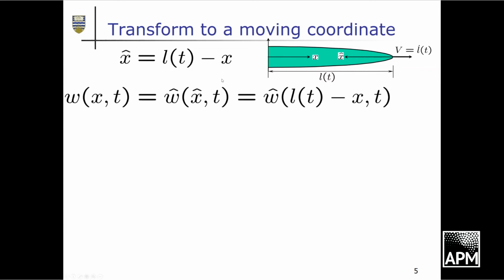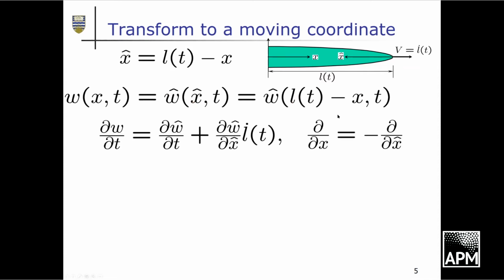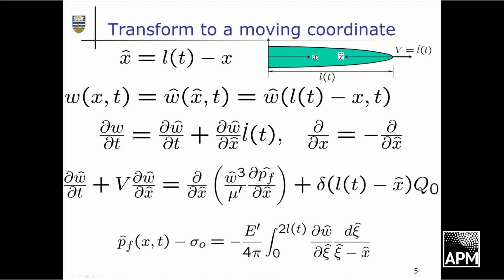And we introduce new variables, w hat as a function of x hat, which looks like this. Then you plug into the system of equations, and in the lubrication equation, that time derivative introduces this convective term, and the lubrication equation ends up looking like this. Basically, everything is the same except for this term, and this has been shifted. And the integral now, instead of going from minus L to L, goes from 0 from the leading tip to the other tip.